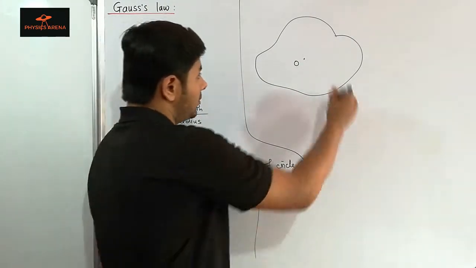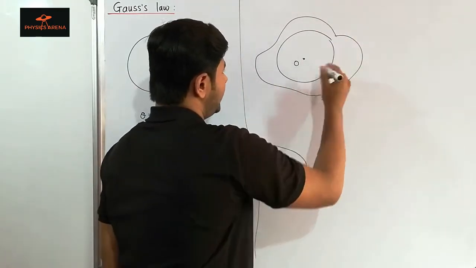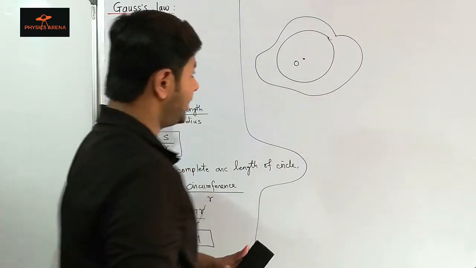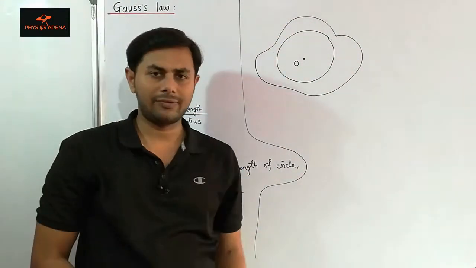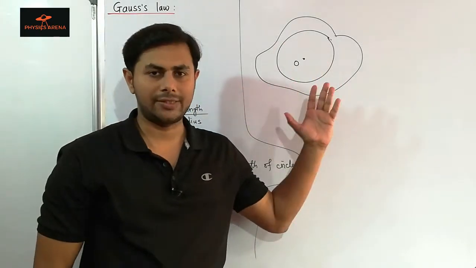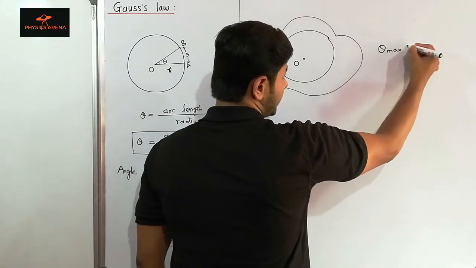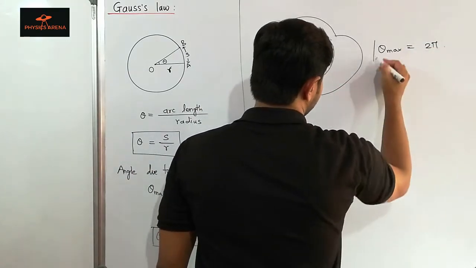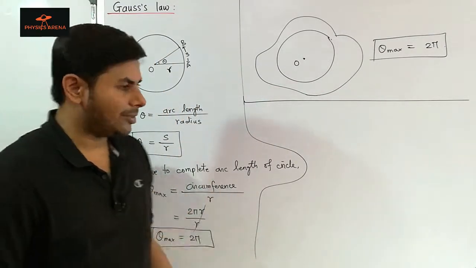We can draw a circle surrounding that point, and we can say that the angle subtended by this closed curve is just equal to the angle subtended by the circle, and that should be equal to theta max, which is 2 pi. Okay, so this was the two-dimensional angle.